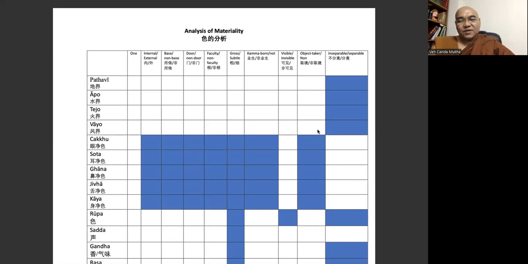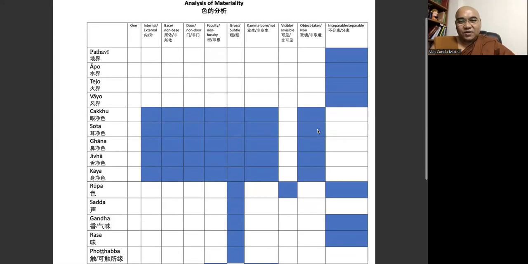Eye sensitivity receives the visible object. The ear also receives sound. The nose also receives smell. They only receive; they cannot take as a mind does. Mind can take an object, but materiality cannot take an object, it just receives.